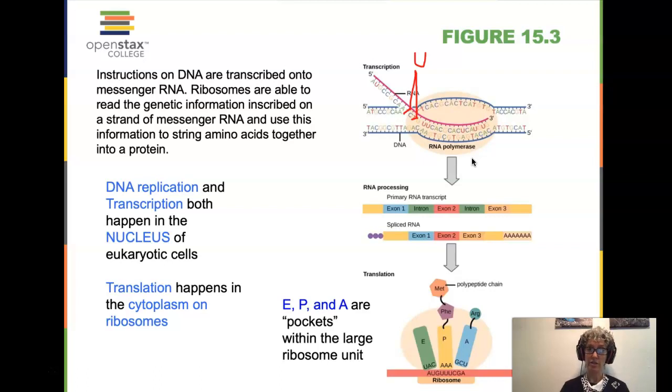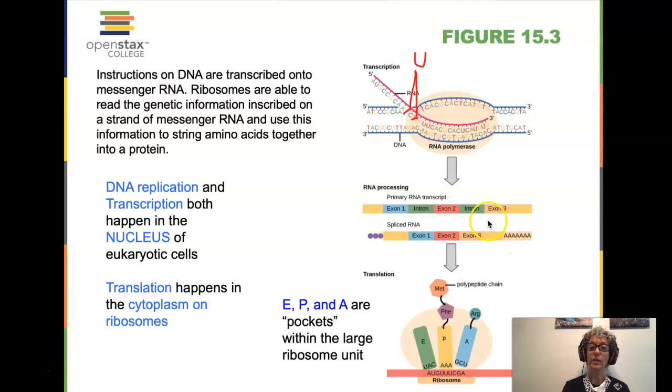The introns are the non-coding regions. They are spliced or cut out of that RNA, and they remain in the nucleus. The exons are spliced together to create the RNA.